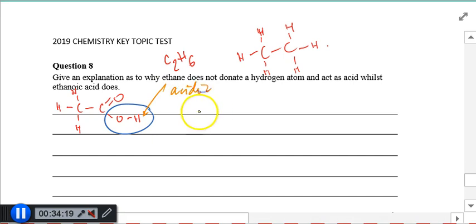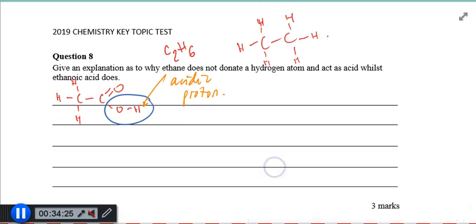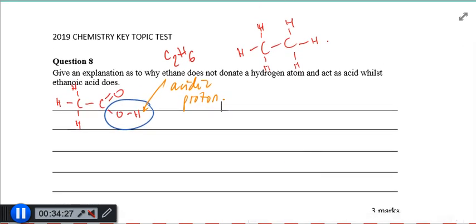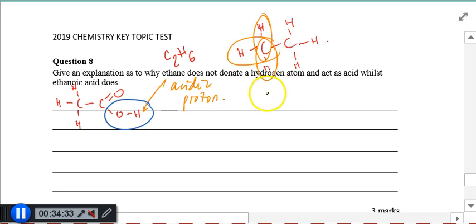So if you're going to answer this question, I would go from the route that talks about their structures and talks about the strength of these carbon-hydrogen bonds, okay, and the fact that these result in protons that aren't readily donated.